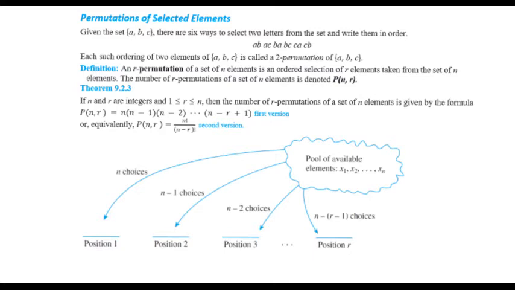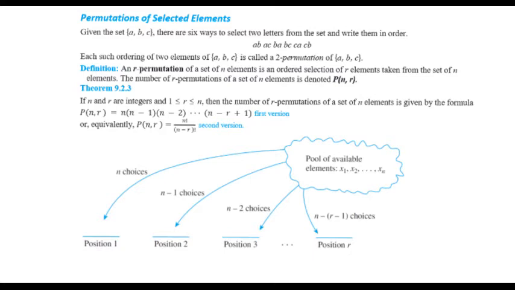Now here we talk about the extended form of this permutation. We say given a set like A, B, and C with 3 different elements, there are 6 different ways to select 2 letters from this set and write them in order. How?